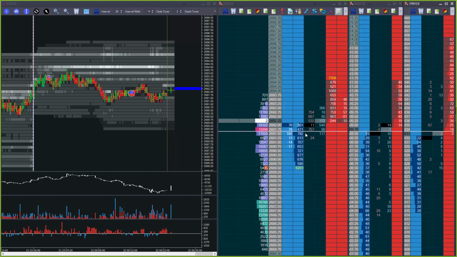But let's say you do get into a trade, and let's say you've got in on the bid on the S&P 500. Why don't you have an ATM strategy or an automatic exit strategy that gets out at one tick?